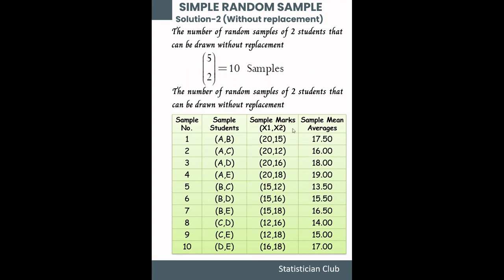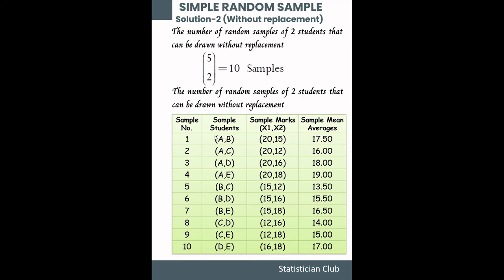Sample mean average: 20 plus 15, 35 divided by 2, 17.5. 20 plus 12, 32 divided by 2, 16. 20 plus 16, 36 divided by 2, 18. The rest of the procedure is the same for obtaining the sample mean average: adding these two observations and dividing by 2. So you got simple random sampling without replacement.